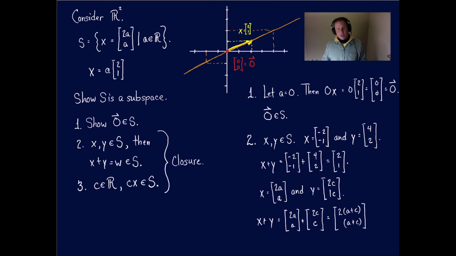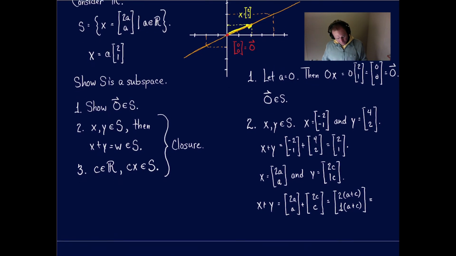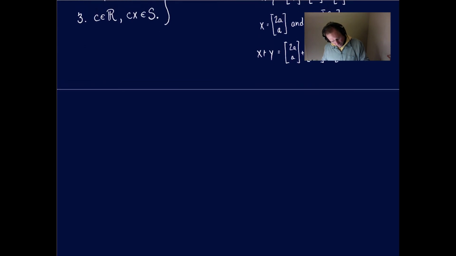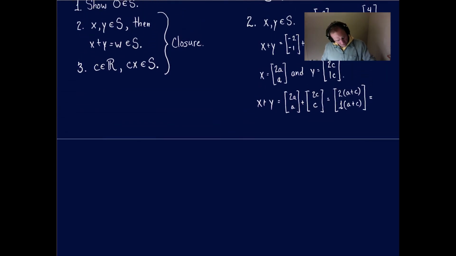But wait a minute. Look at what the common factor is, especially if I put a 1 right down in the second component. Now I'm going to scroll up so I can get a little more space here. Look at this: x plus y is equal to a plus c times the vector 2, 1.